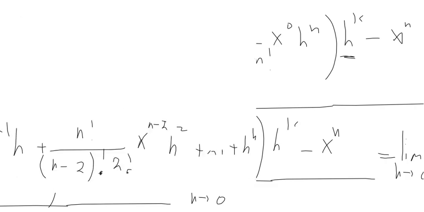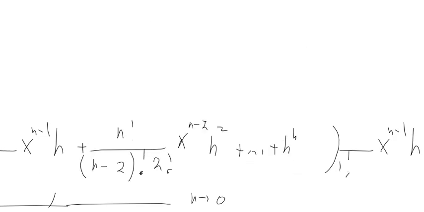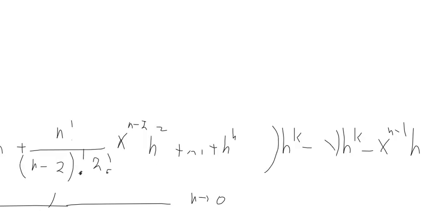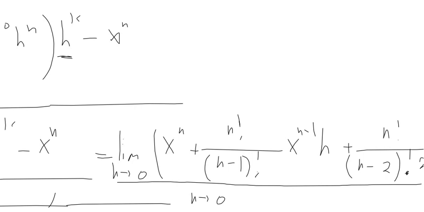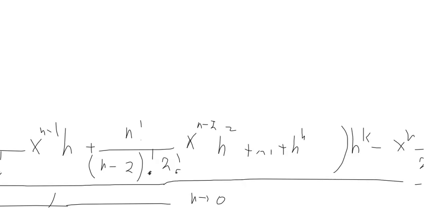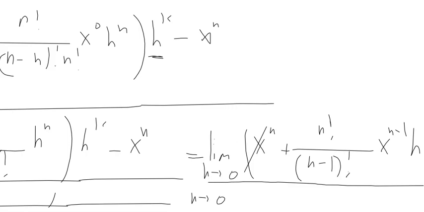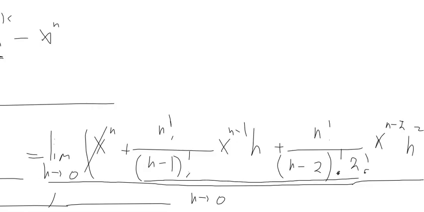This is all multiplied by h to the k, minus x to the n, and I'm going to divide the whole thing by h. The x to the n cancels, and I'm left with just this portion.